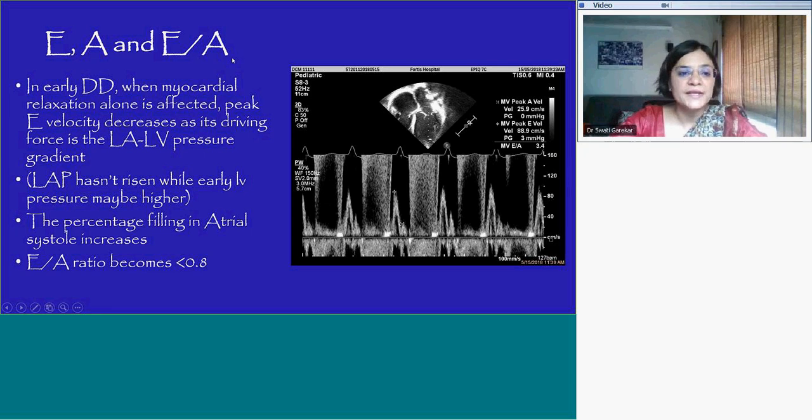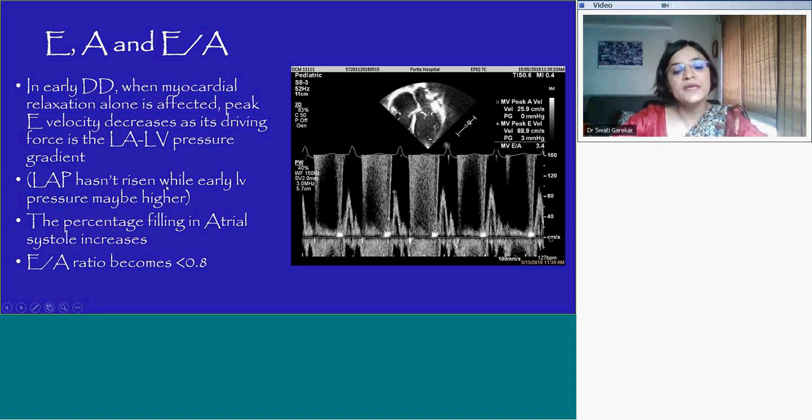Moving to E by A in diastolic dysfunction. When relaxation alone is affected, the peak E velocity decreases because the force is the LV-LA pressure gradient. In early diastolic dysfunction, the LA pressure hasn't risen yet, and LV pressure might be a bit higher.